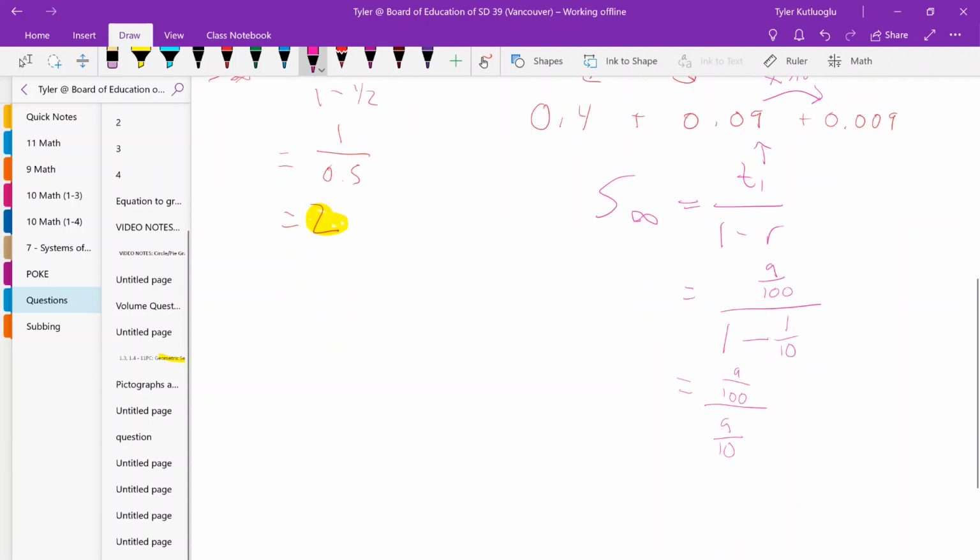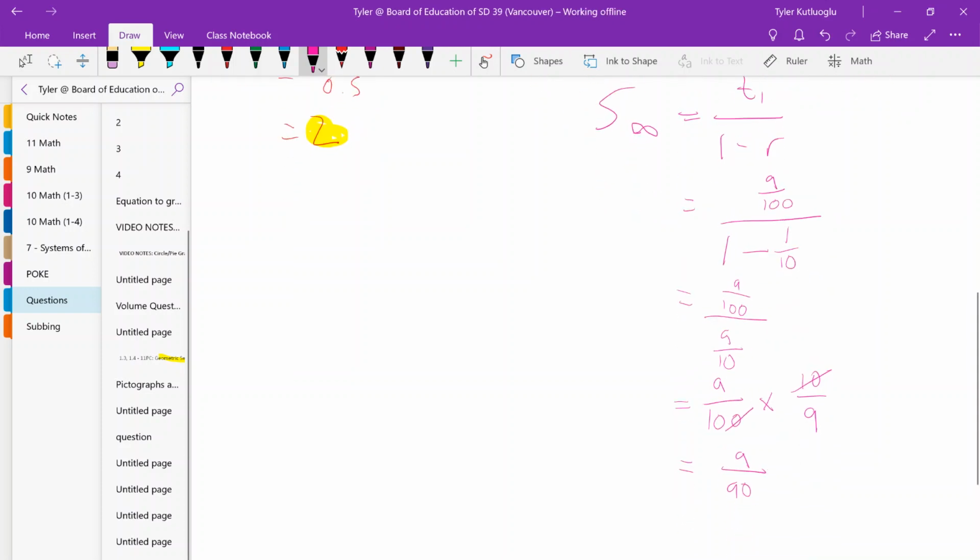And then we have a fraction divided by a fraction, so that's the same as invert and multiply. So 9 over 100 times 10 over 9, okay? These will cancel out, so you get 9 over 90. We can divide them both by 9, 1 over 10. Cool.